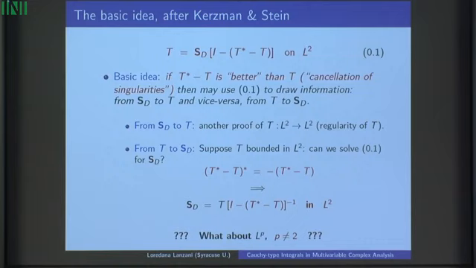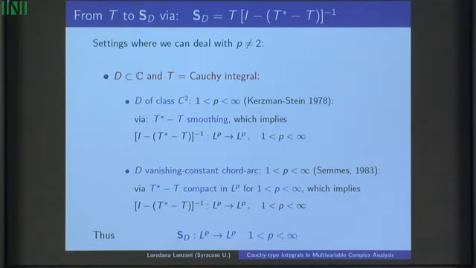And so the question is, what about LP if P is different from 2? And these are settings where the results are known. So you have a bounded domain, and now T is the Cauchy integral. So if you know that your domain is smooth, and by that we mean class C2 or better, then the difference of these two operators is the best you can hope for.